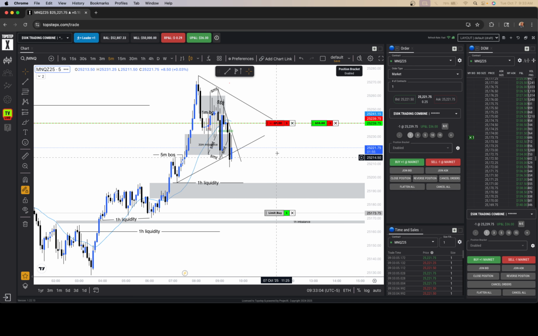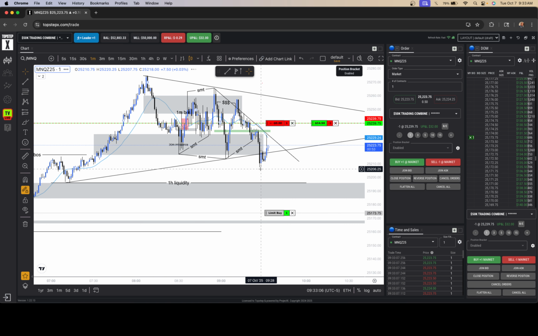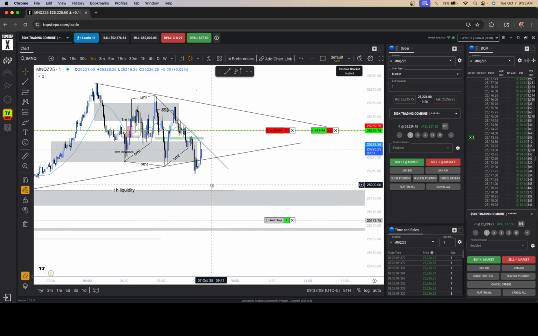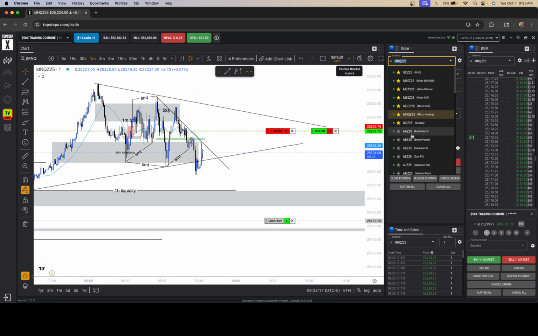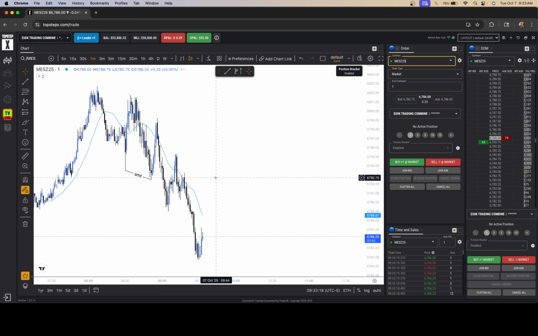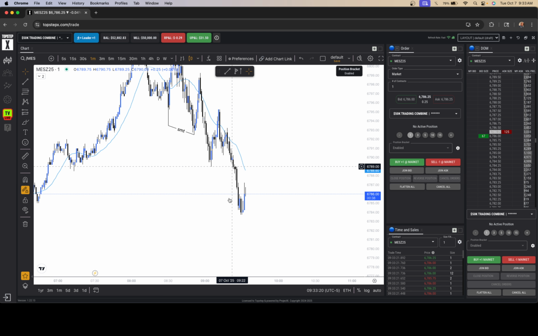We're now pushing together with ES. So you can see right now we're lower through all these lows, and on ES, we are way lower.